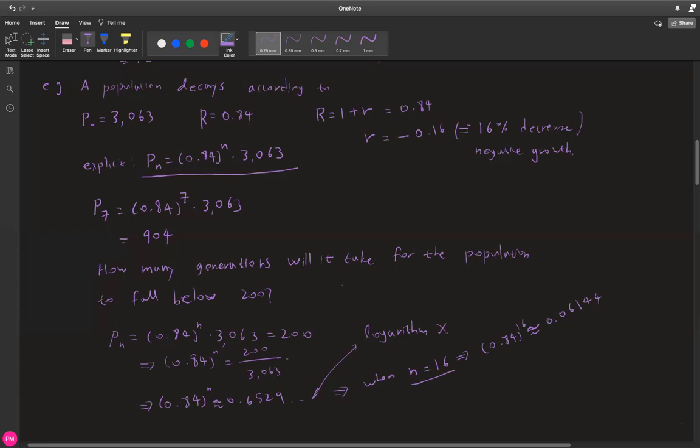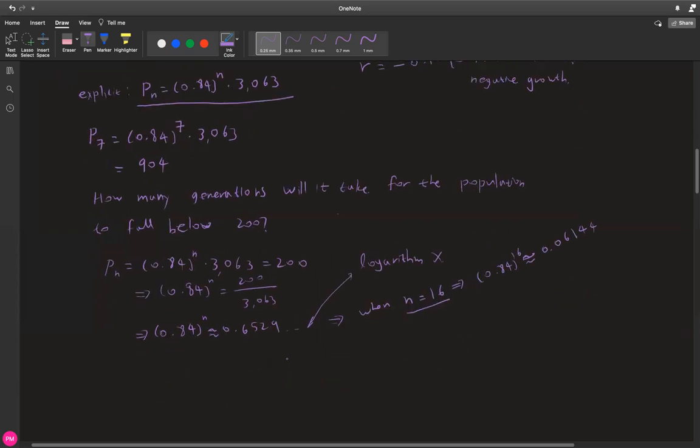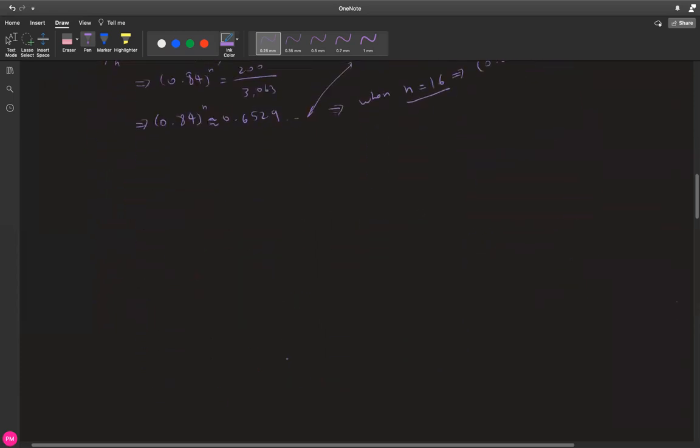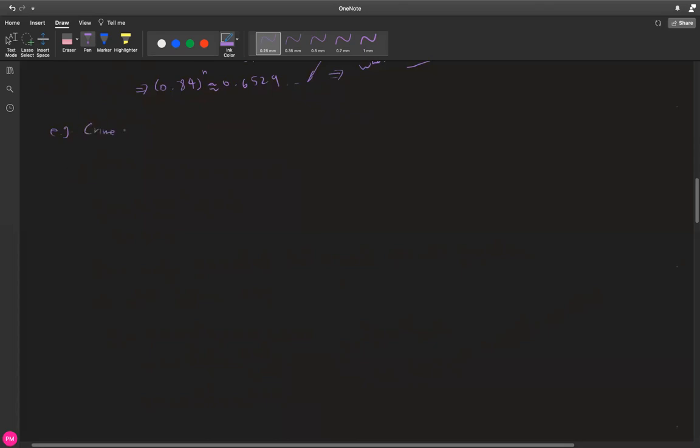So let us now look at a few examples that are more applicable to the real world. I mean, we have been using all the tools that are really useful in real life, but let's put it into context. So, example, let's say a crime in a city is on a rise.